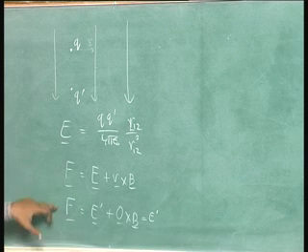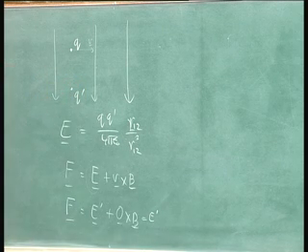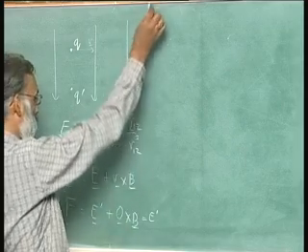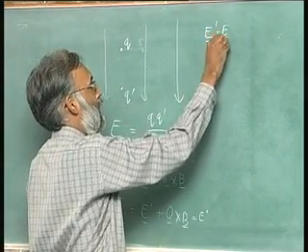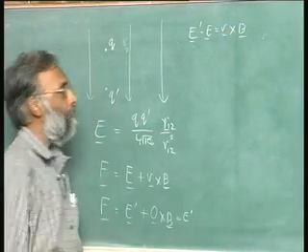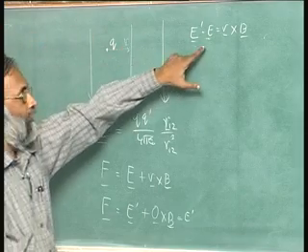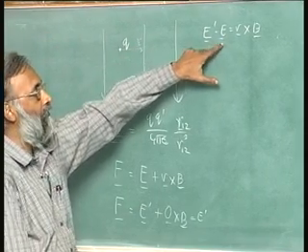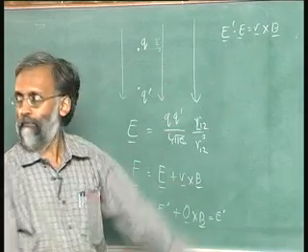And since it is the same force whether I move with the charge or I remain stationary, I concluded that E prime minus E is equal to V cross B. That is, there is an additional electric field which is equal to V cross B.